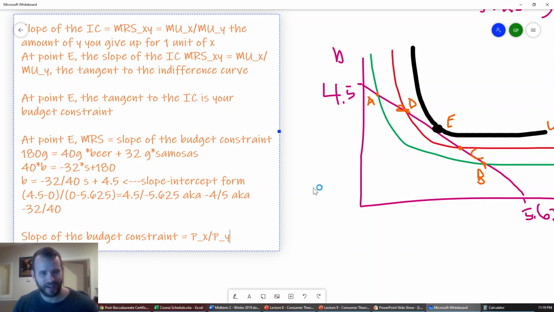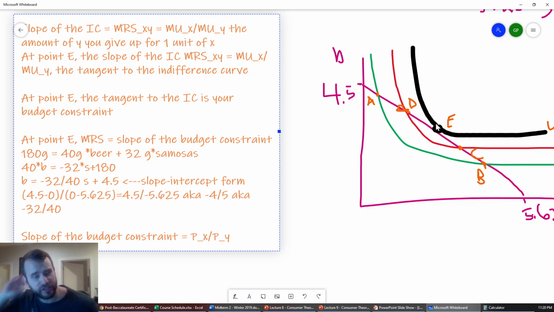So, what I was saying is that we started with the budget constraint. We plotted a bunch of indifference curves, which could be arbitrarily defined based on some level of utility.